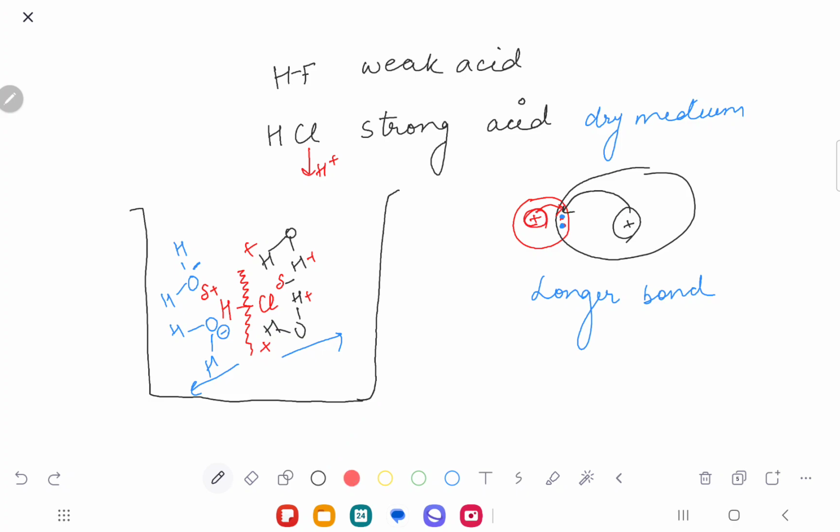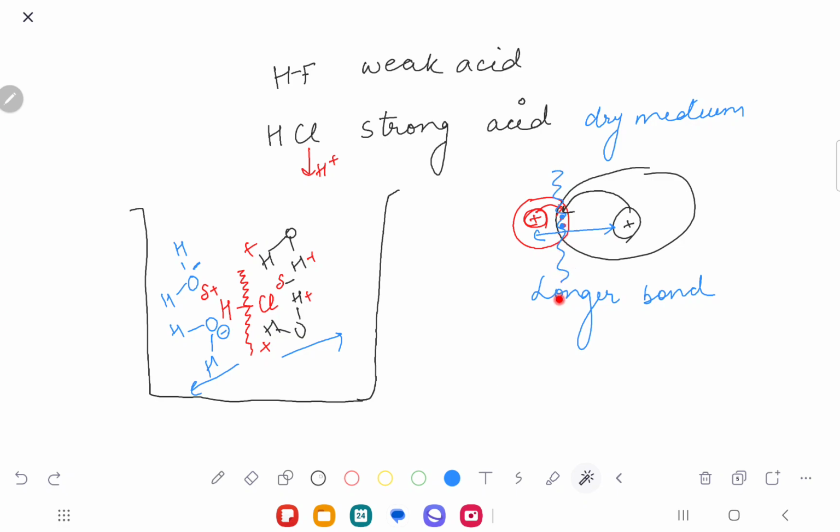So what exactly does that mean? You tell me. When the red nucleus and the black nucleus are both attracting these electrons, this bond is going to break very quickly, because since the bond length is longer, the force of attraction coming from the red nucleus and from the black nucleus is very, very small.